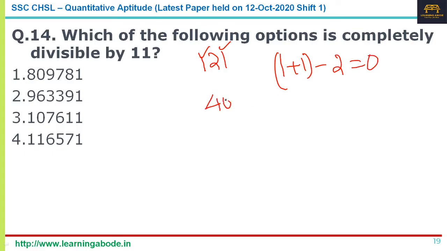For example, 407: 4 plus 7 is 11, minus 0. So the outcome should be either 0 or 11. That's the condition.